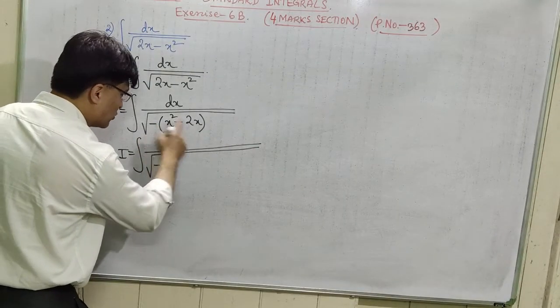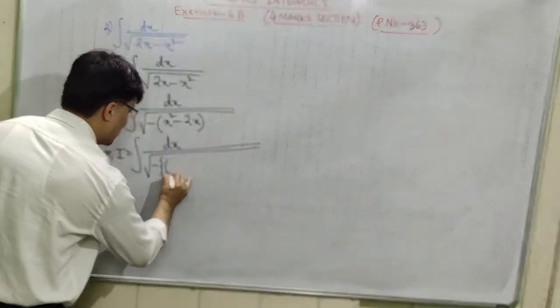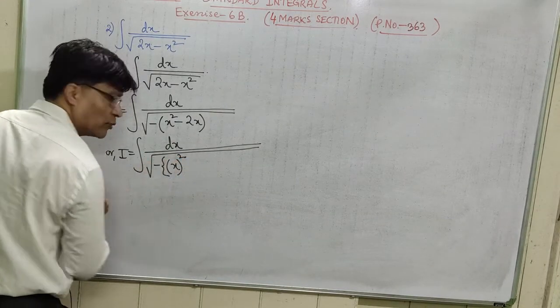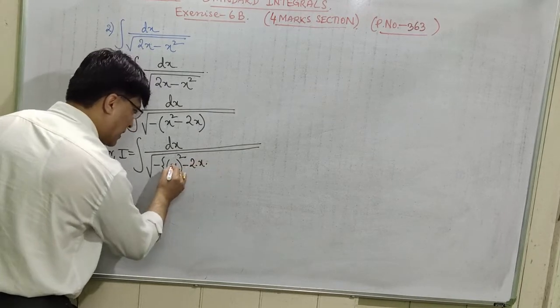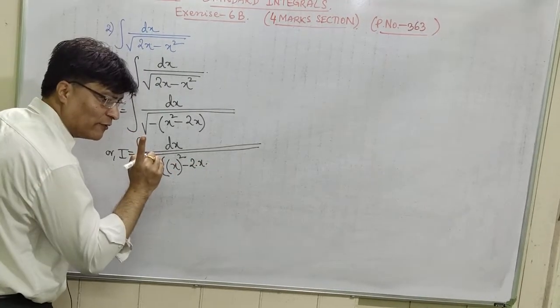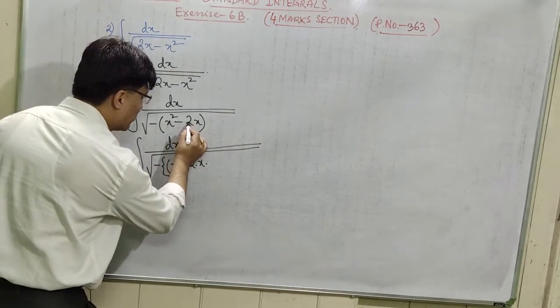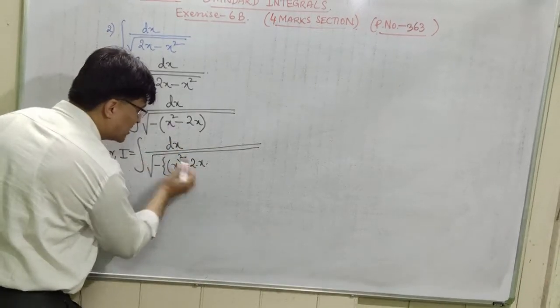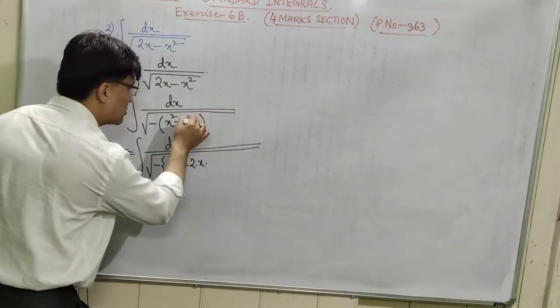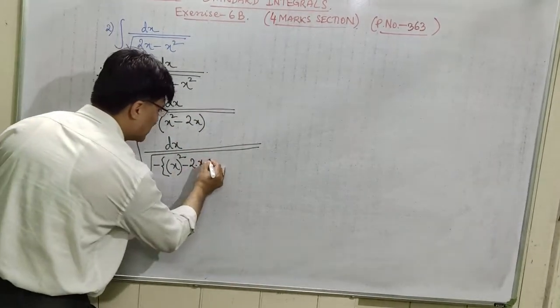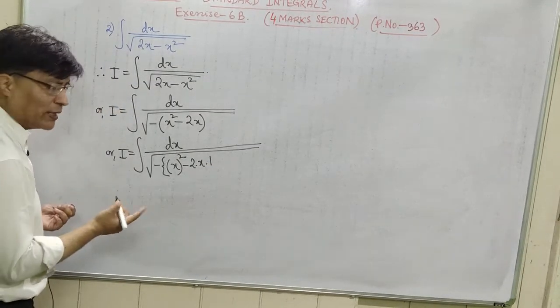So let us convert it into perfect square form. What is a whole square? x square minus 2 into, here x is a, and what should be the value for b? We already have 2x. By which number will you multiply this x to get 2x? That is 1, isn't it? So 2x into 1 is 2x.